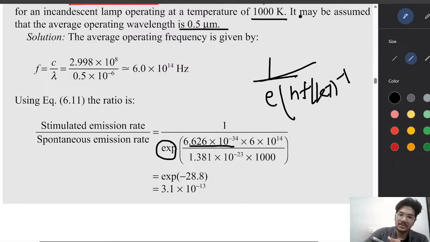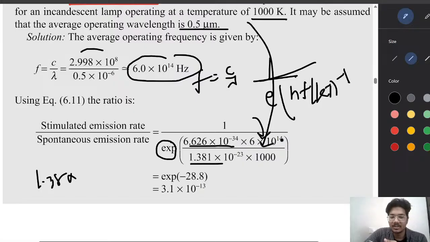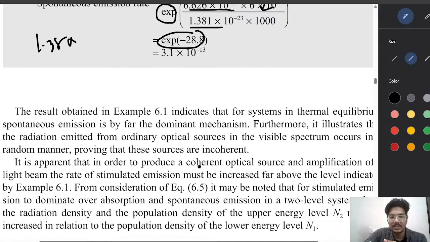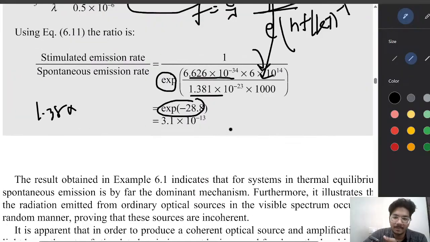The wavelength is given, so through wavelength f is equal to c by lambda, which gives the frequency. We put the value of frequency here, and k, the Boltzmann constant, is given as 1.38 into 10 to the power minus 23, times the temperature given, and minus 1. All these are the exponential part, and simply minus 1. So this one is the answer.